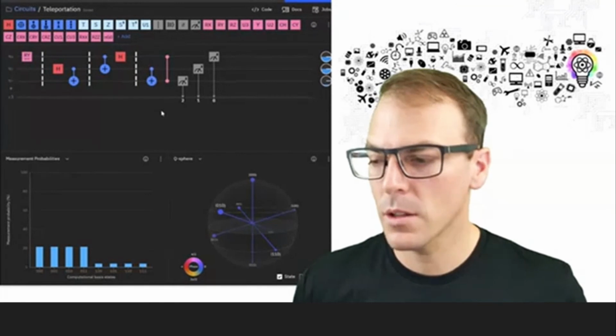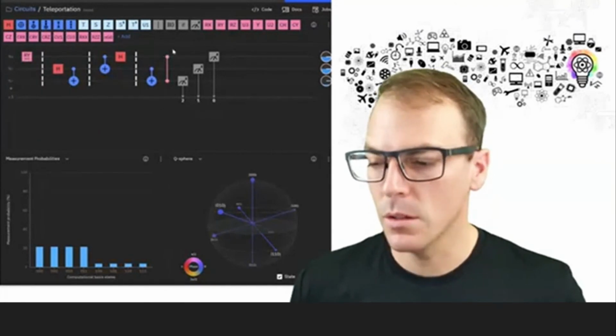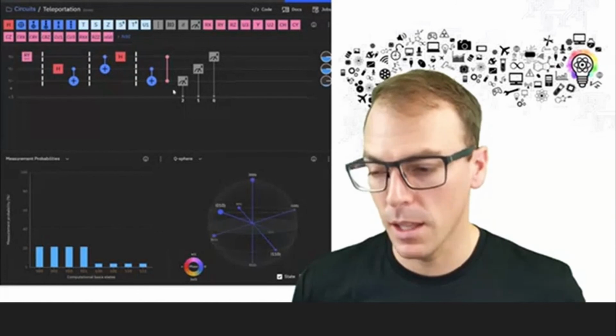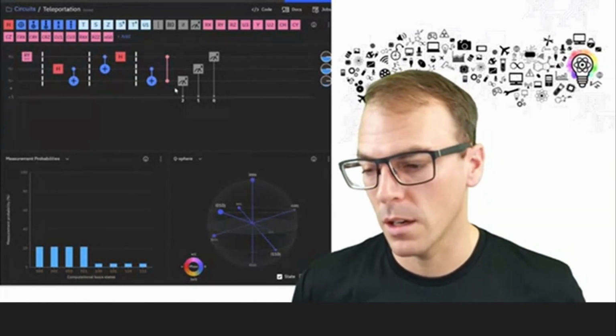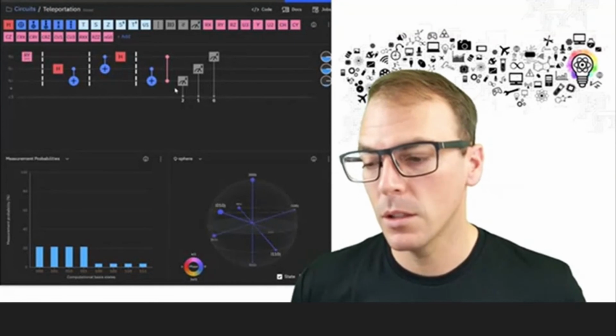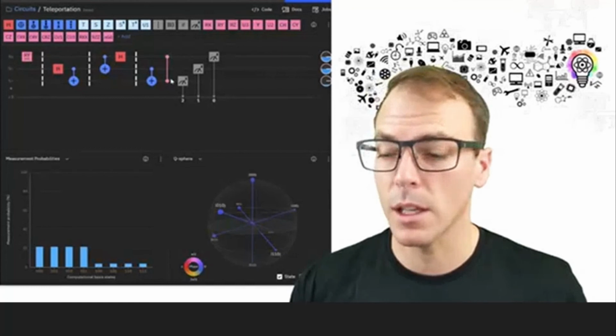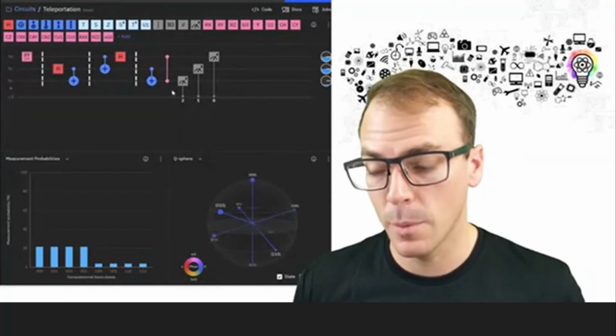Yeah, so there's a couple of issues. In this circuit that I'm showing you, there's a state at the end of the circuit. That might be a state that I'm interested in. What I would need to do is repeat this circuit with different kinds of measurements to get the state at that point.